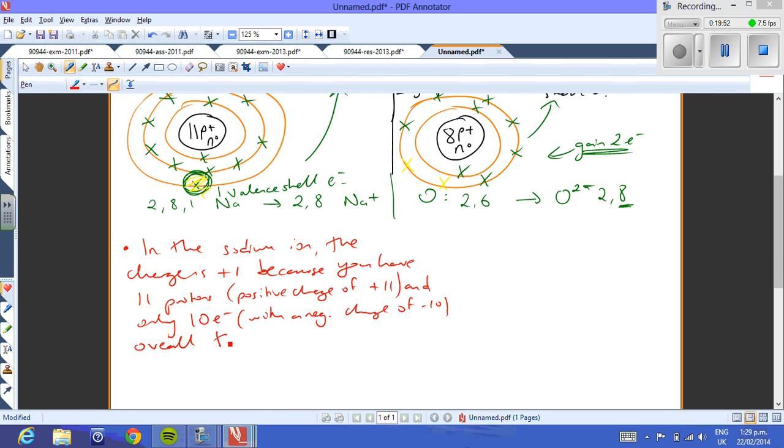Overall, the charge is +11 - 10, which is equal to +1.